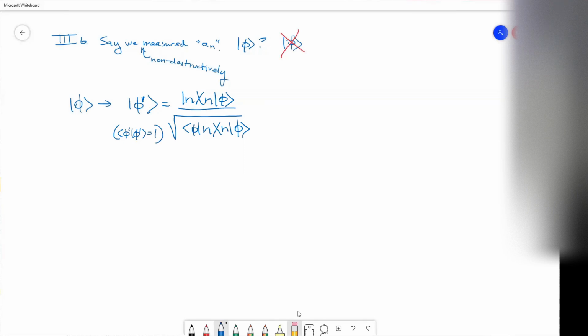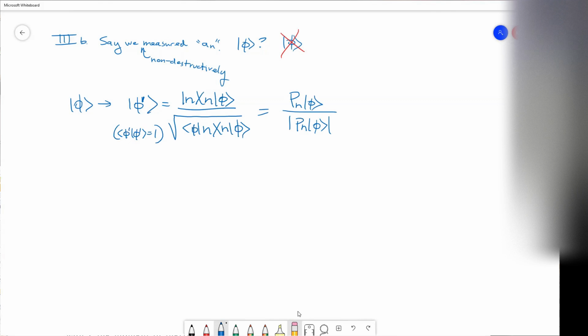You can think about that as just being a projection operator acting on the state phi, divided by the magnitude of the projected piece, to make sure everything is normalized. So that's where projections come in.